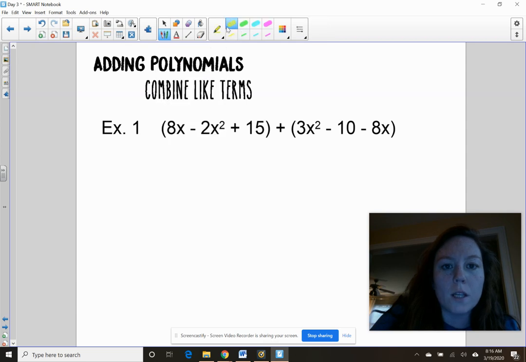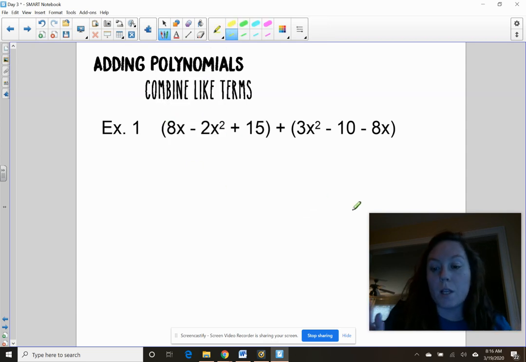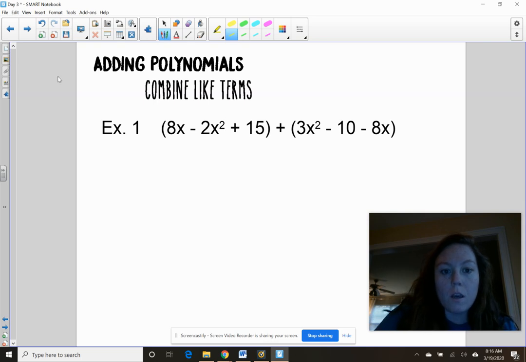Okay, so let's first look at, because we always need our answer in standard form, I always do the highest exponent first. If I just scan my problem, does everybody see how 2 is the highest exponent I see? So what I'm going to do is highlight this guy.